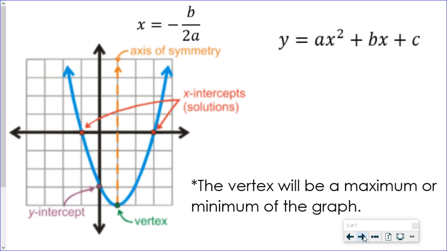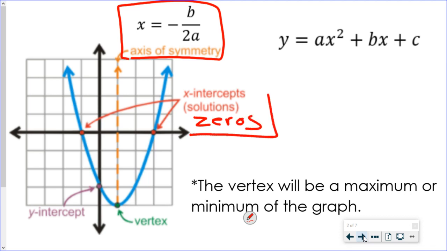First thing, on the top of the worksheet, I want you to write these few things. The axis of symmetry is this equation, x equals negative b over 2a. Write that down. Next, the solutions are also what we call the zeros, and those are your x-intercepts.